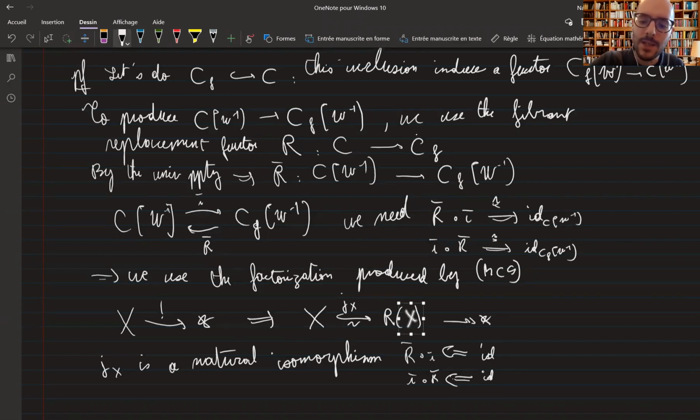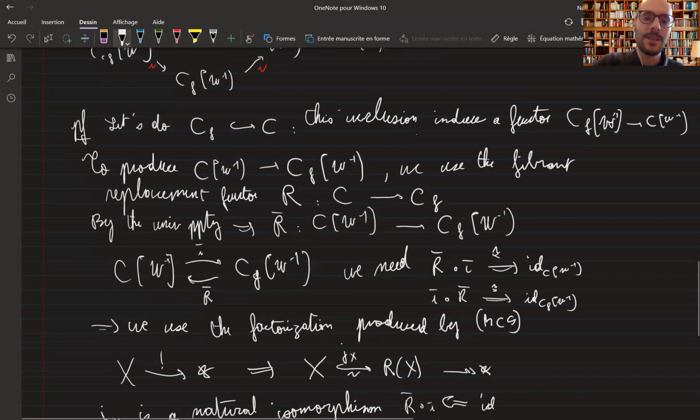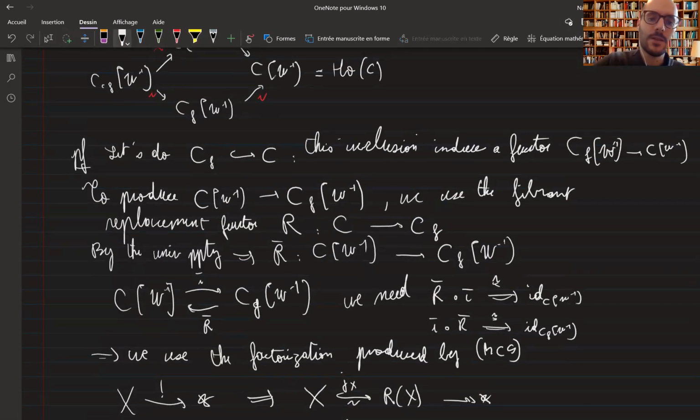So you take a fibrant object X, you see it as a general object, and then you apply the fibrant replacement functor to it. So you get R bar circle I bar. Or the other way around, if you have a random object, you apply the fibrant replacement functor, and then you forget that it is fibrant. And you get I bar circle R bar. And in both cases, Jx is a natural isomorphism between the identity and the functor. All right. So this proves that this functor here is a natural isomorphism.